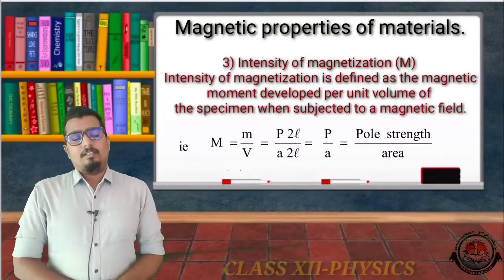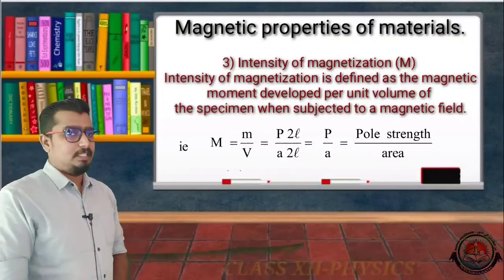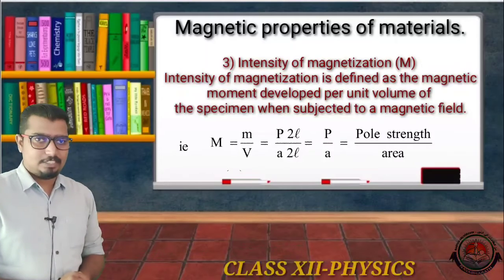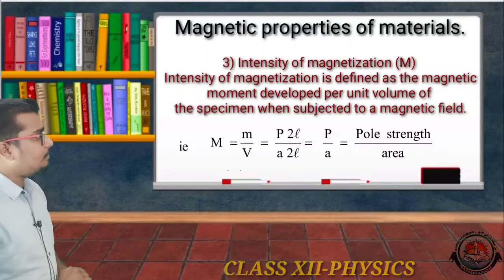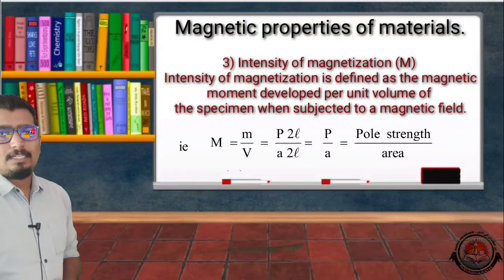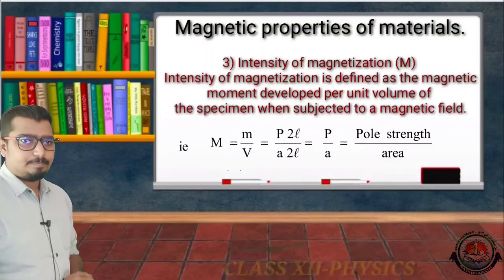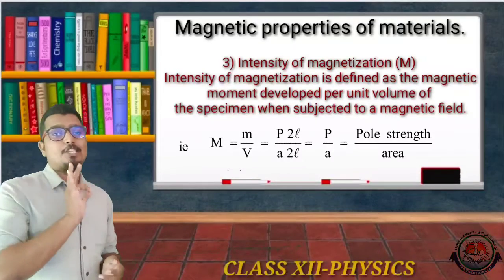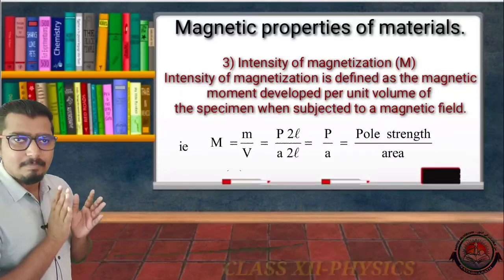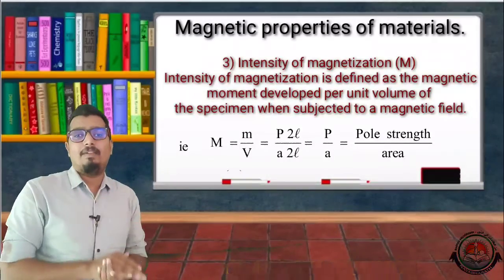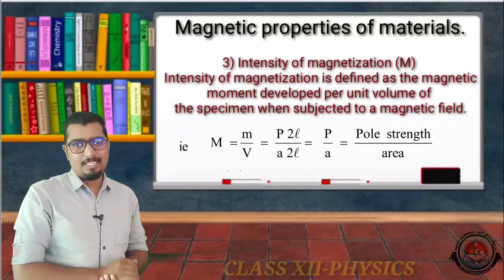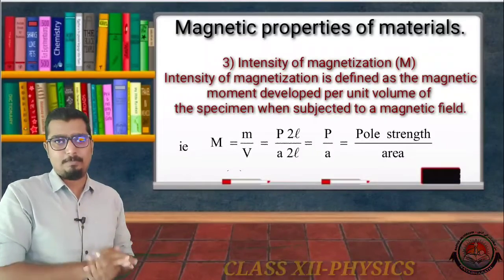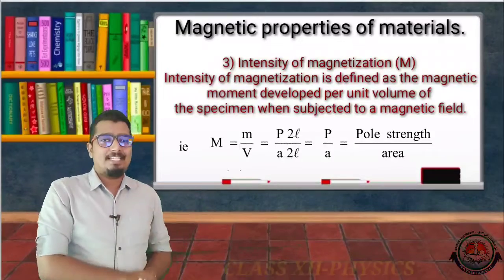The next property, the third property, is the intensity of magnetization, denoted by the capital letter M. The intensity of magnetization is defined as the magnetic moment developed per unit volume, that is, the magnetic dipole moment per unit volume of the specimen when subjected to a magnetic field.